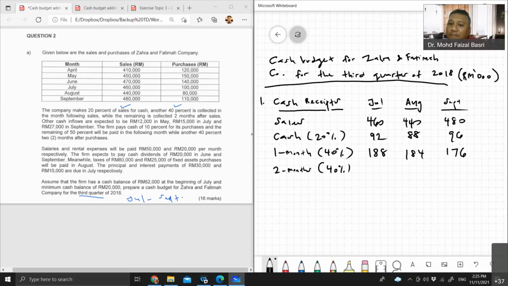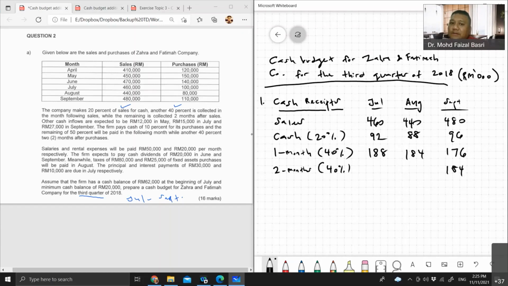So this 184 balance will be received 2 months later, 2 months after July, which would be September. So in September they're going to receive 184,000 as well. If you take 184 plus 184 plus 92, you can see the trend, the diagonal movement. If you add all three, it will give you back 460,000.